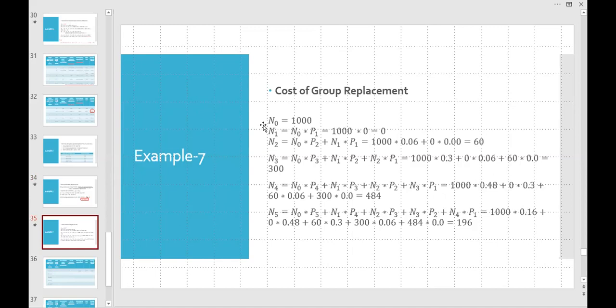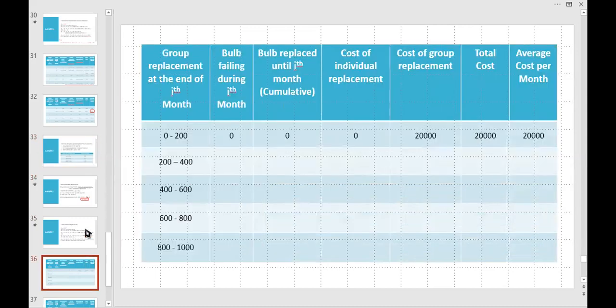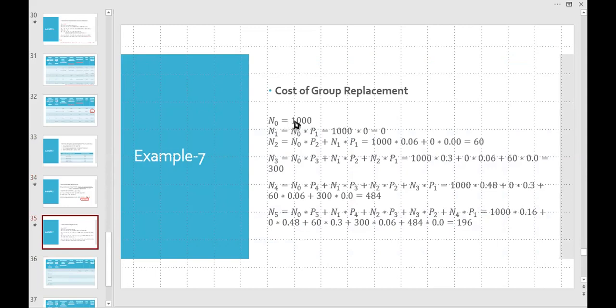Now the next thing that we have to find out is the cost of group replacement. For that we will first find out the month wise replacement quantity, or phase wise replacement quantity. In the first 200 hours we are not seeing any failures because for the first month the probability was 0. So N0 is equal to 1000, and in the same way for the first phase it is N0 into P1, which is 0.